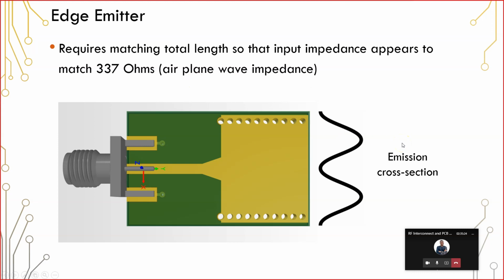And so the typical way you would do that is, because this is essentially terminated as a short circuit, you then need to adjust the length of this structure so that the input impedance at this wide end of the taper is equal to 337 ohms, because you have a 337 ohm load out here that needs to then match to a 337 ohm input impedance here at the wide end of this taper.